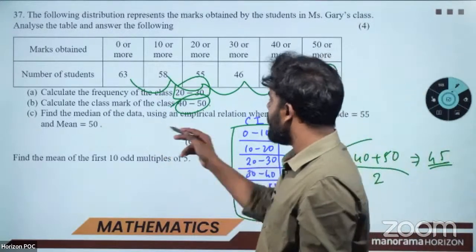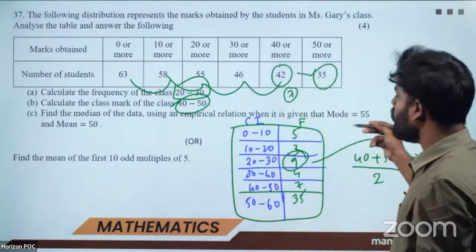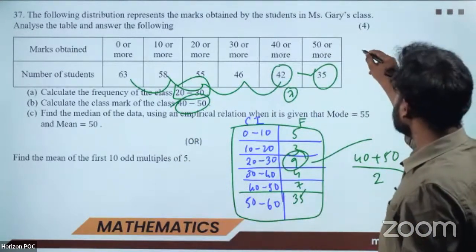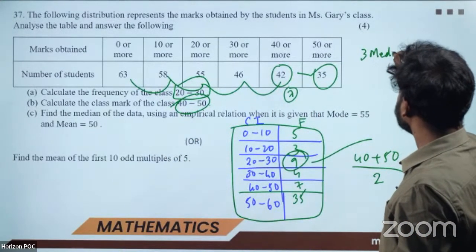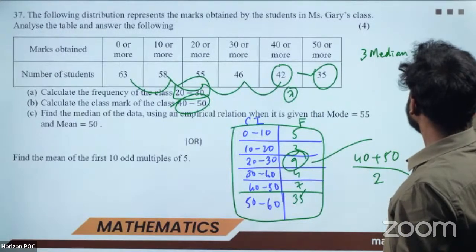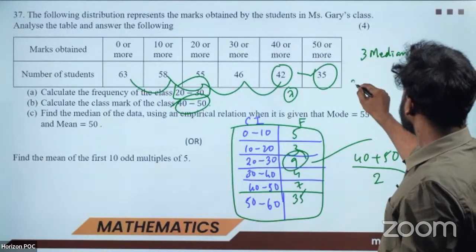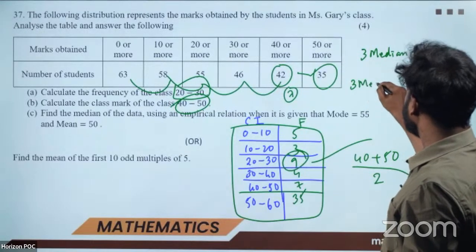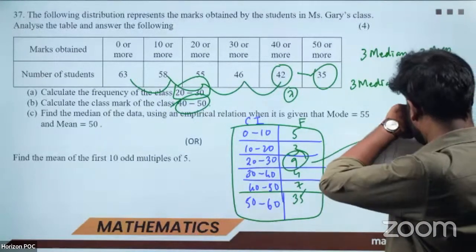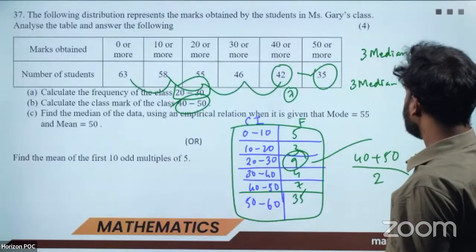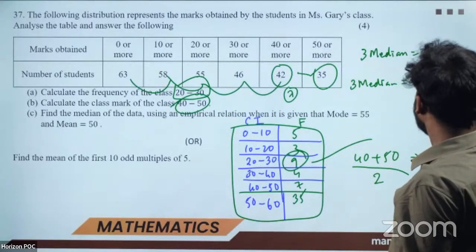Now find the median of the data using an empirical relation, which is given: mode 55 and mean 50. So what is the formula? 3 median is equal to 2 mean plus mode. So use that formula. 3 median, we don't know the median. 3 median is equal to what? 2 mean is 2 into 50, 100, plus 55.